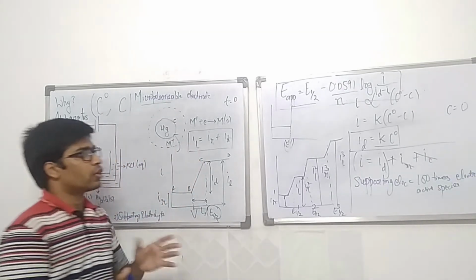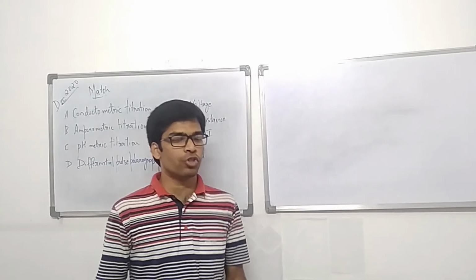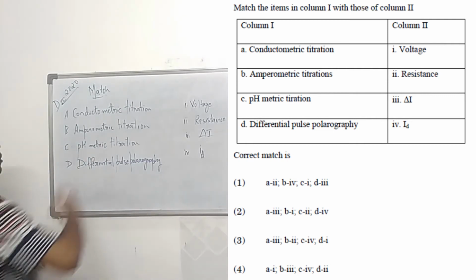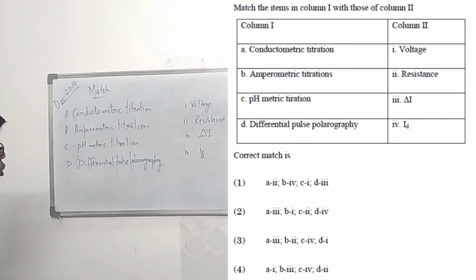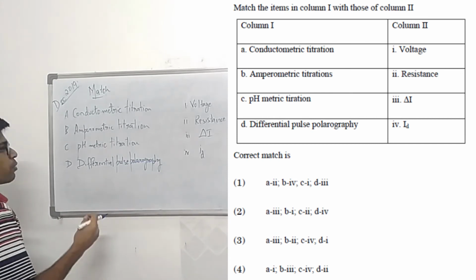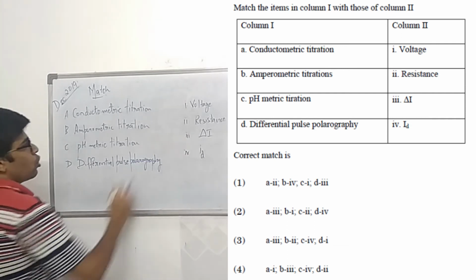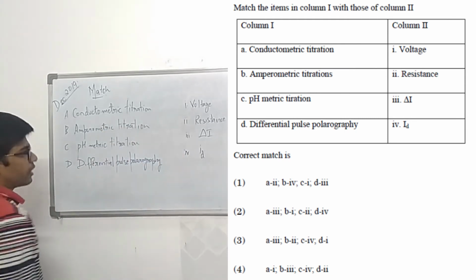Fine. Now let us look at the questions which have come previously from this part of polarography. The first question is from NET December 2019. I have discussed this question in one of my previous videos also, but since there is pulse polarography here, I'll discuss it again. You are asked to find which quantity is measured using which technique.